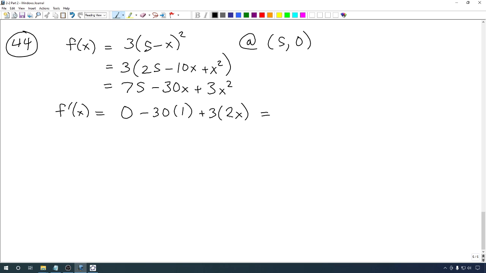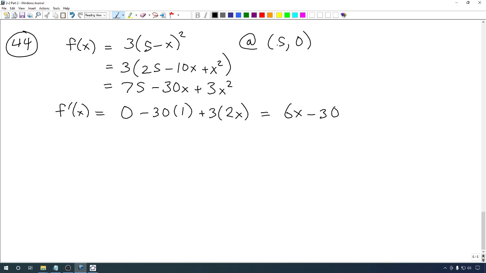So ultimately here, I'm going to go ahead and put the 3 times 2x, or 6x, first. Then I'm going to put the minus 30, just because I don't like putting the negative term first. Of course, the 0 goes away. So the derivative of this 3 times the quantity 5 minus x quantity squared is 6x minus 30.